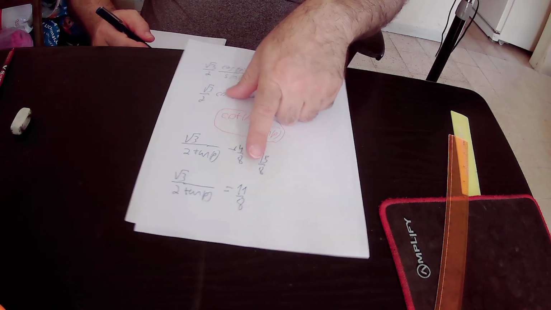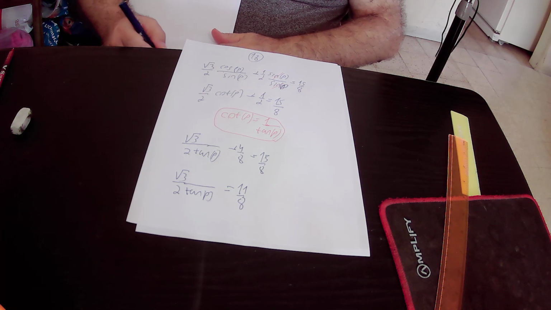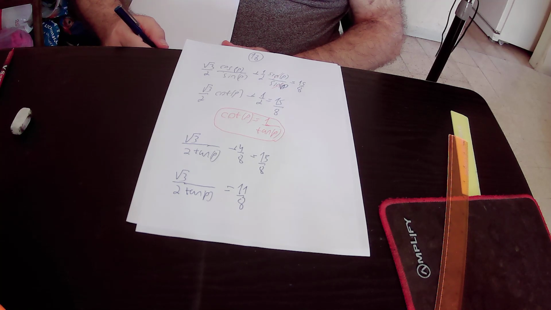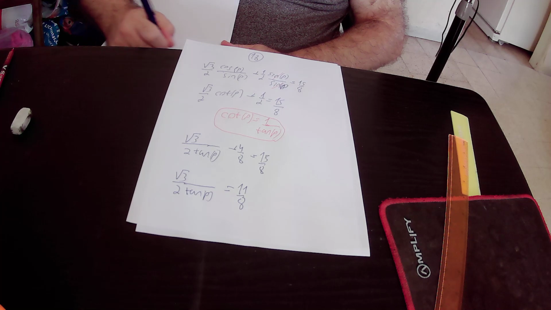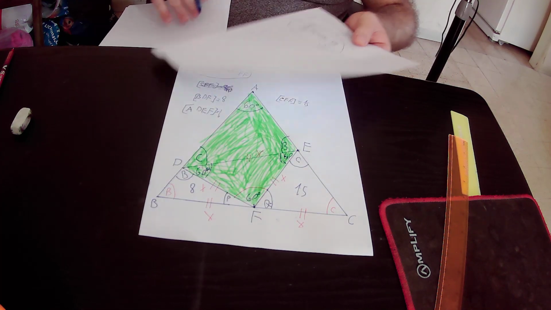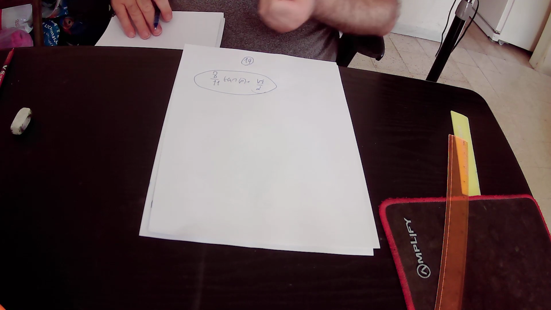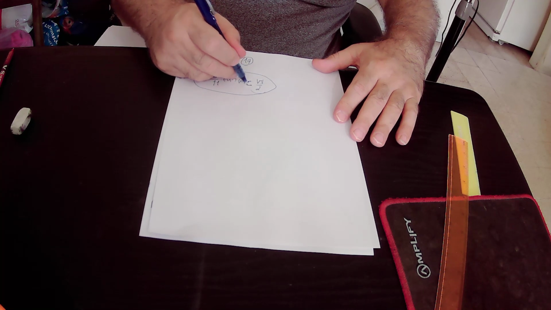Here we will multiply this equality by tangent p, and we will get that 11 over 8 times tangent p equals root 3 over 2. Okay, so we found that 11 over 8 times tangent p equals root 3 over 2.